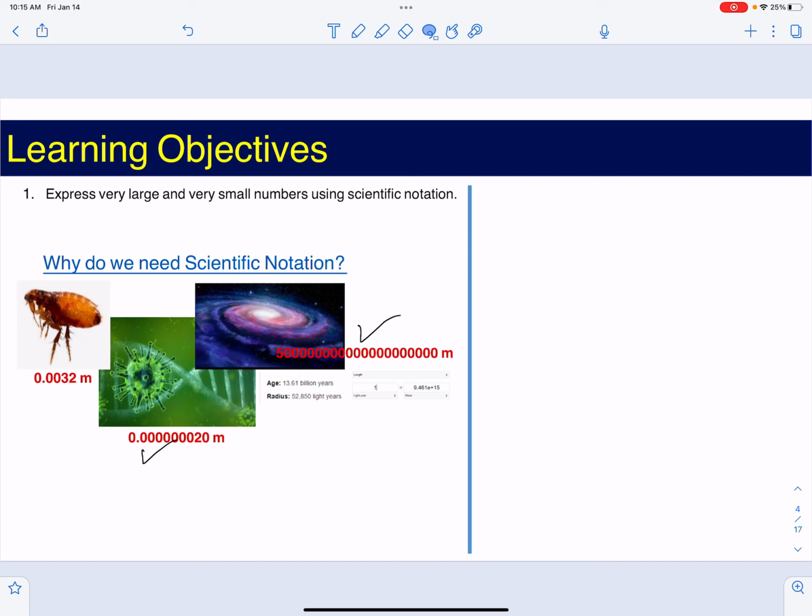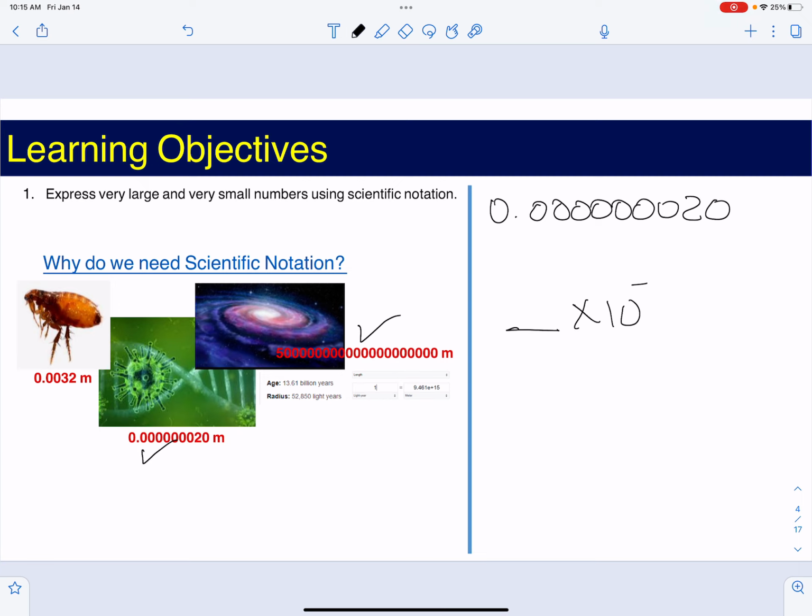So the virus is 0.12. We move the decimal 1, 2, 3, 4, 5, 6, 7, to get 1.2. We're going to put the coefficient, multiply by 10 to a negative power, because that number is smaller than 1.